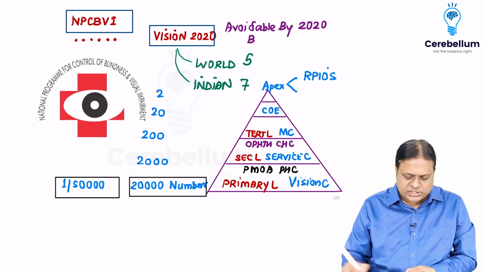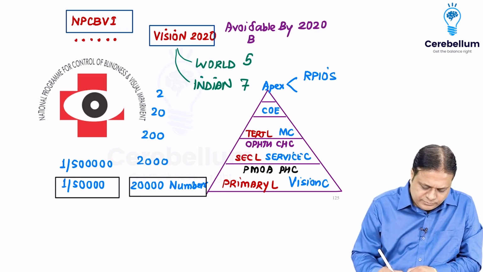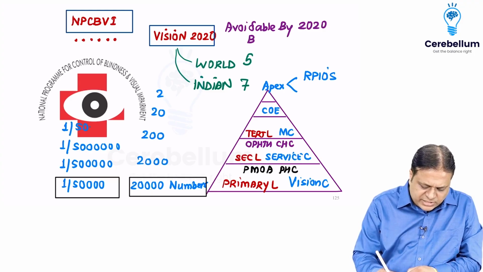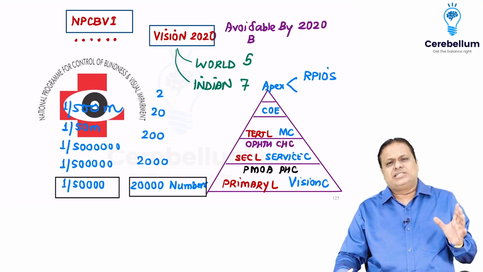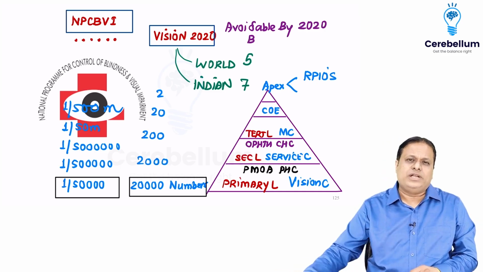When we look at population norms, service center is 1 per 5 lakh population. This is 1 per 5 million population. Centers of excellence 50 million, apex 500 million population. Many international health organizations barring UNICEF are a part of Vision 2020.